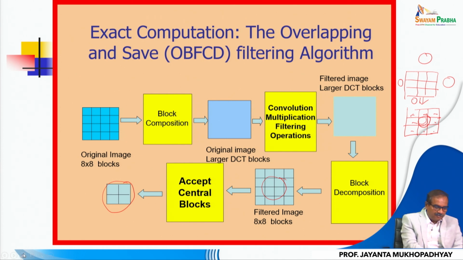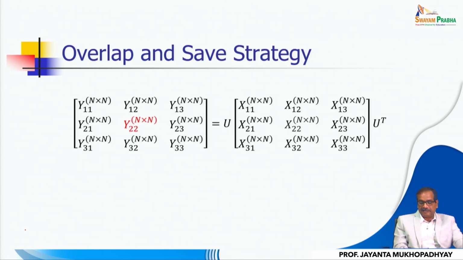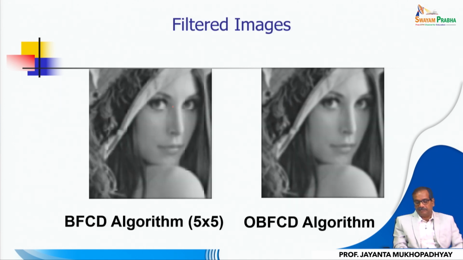So this would improve the quality at the cost of more computations, because you are doing many redundant computations. So in this case with respect to 3 cross 3 adjacent blocks, you only save this part and don't use this one, and you go on doing it, but you do a lot of redundant computations, saving only the central block. So this is the effect.